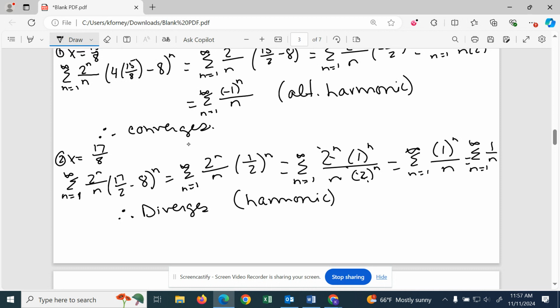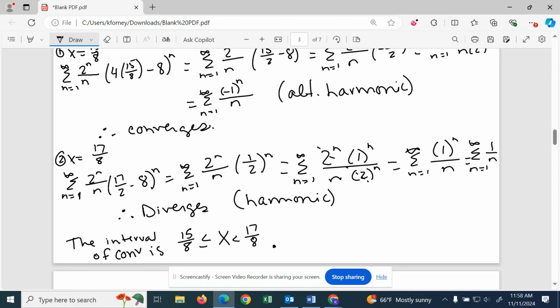So one endpoint converges, so that means the 15 eighths is going to be less than or equal to. However, it's not going to include the 17 eighths. So the interval of convergence is this.